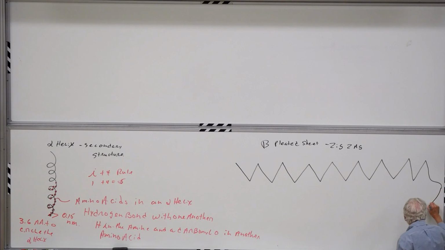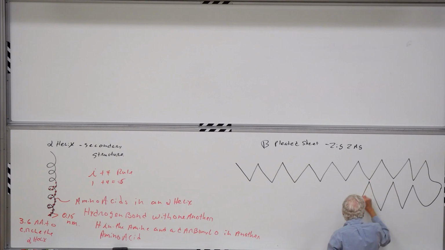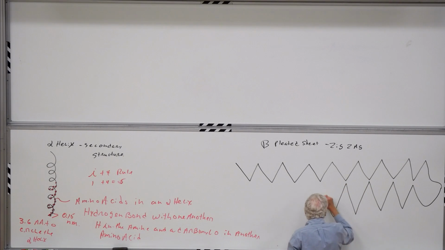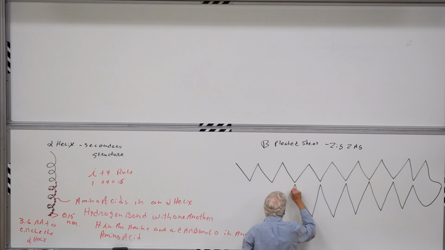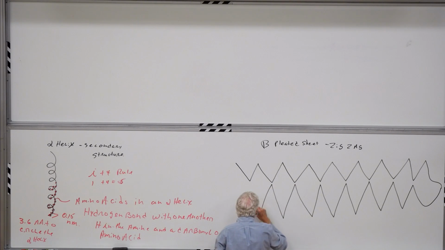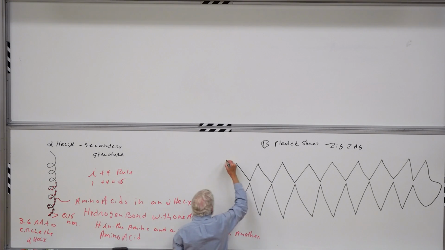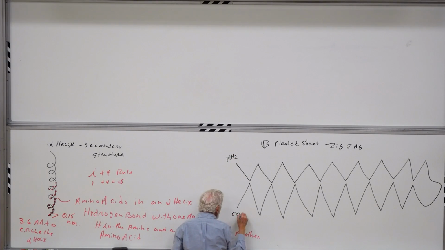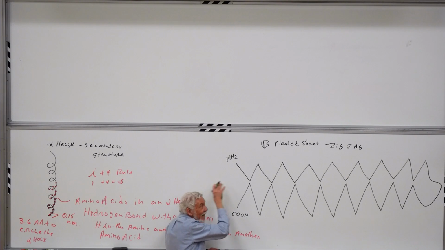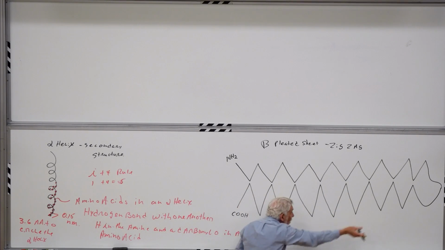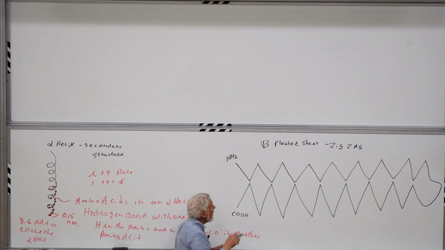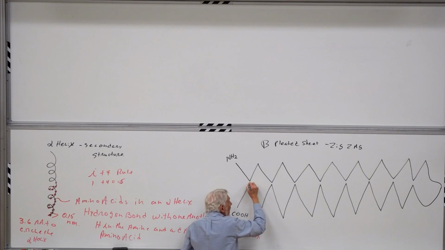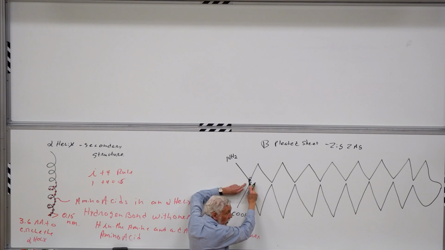It brings it around now, and now the points of the zigzag interact one with another. If this is the amino terminus, then this is the carboxy terminus. So this basically extends from the amino terminus, the molecule, around to the carboxy terminus. At this point, I'm going to put an R group. There are two R groups here interacting with one another.